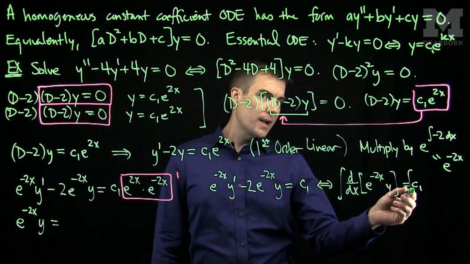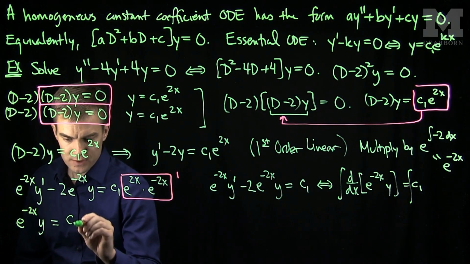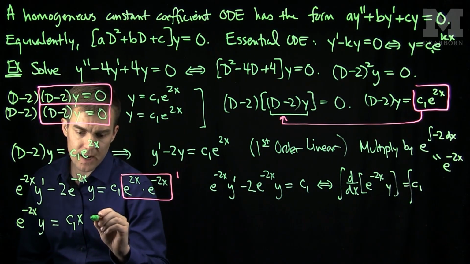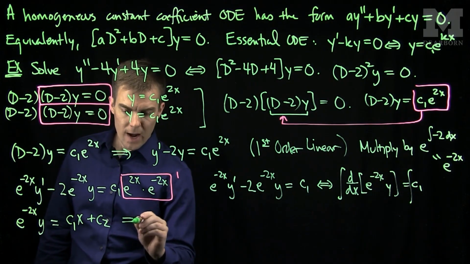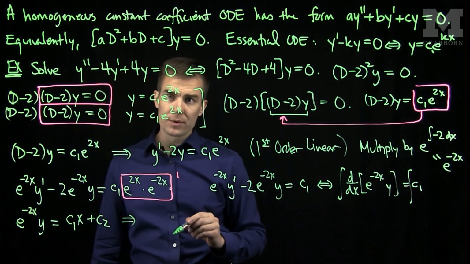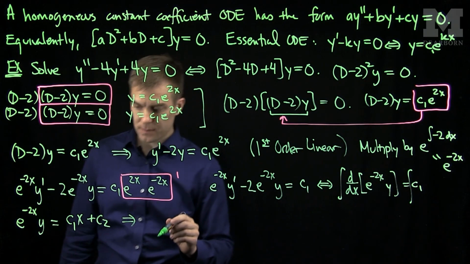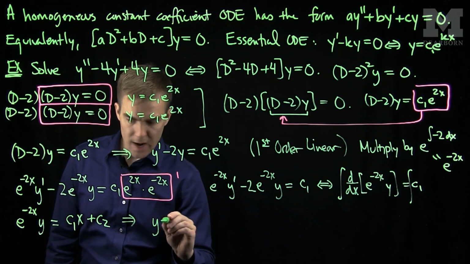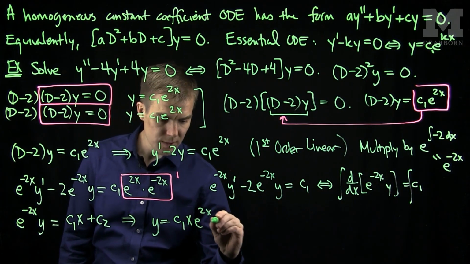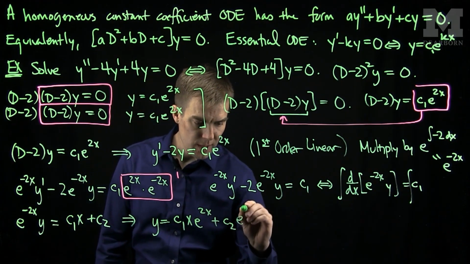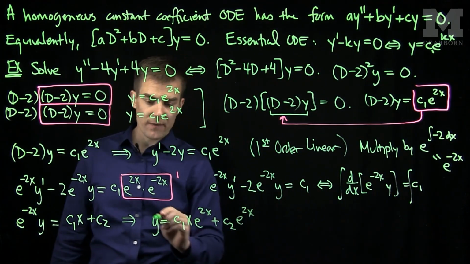When I integrate a constant c1, I have c1 x plus another constant c2. Finally, I isolate y by multiplying both sides by e to the positive 2x. Doing so, we see that y is equal to c1 x e to the 2x plus c2 e to the 2x, and we arrive at our solution.